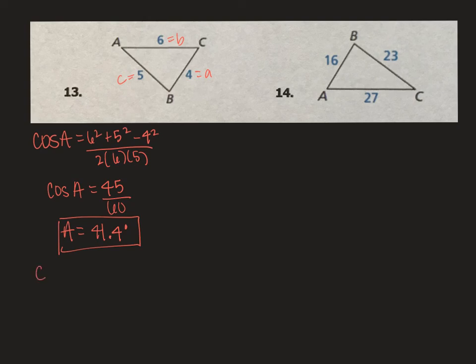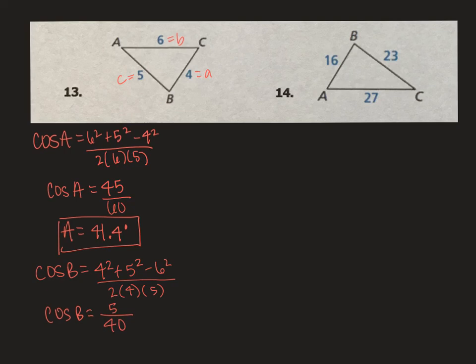And then I'm just going to do that again for another angle. So if I do cosine of B, A squared plus C squared minus B squared over 2 times A times C. So 16 plus 25 minus 36 is going to give me 5 over 2 times 4 times 5, which is 40.